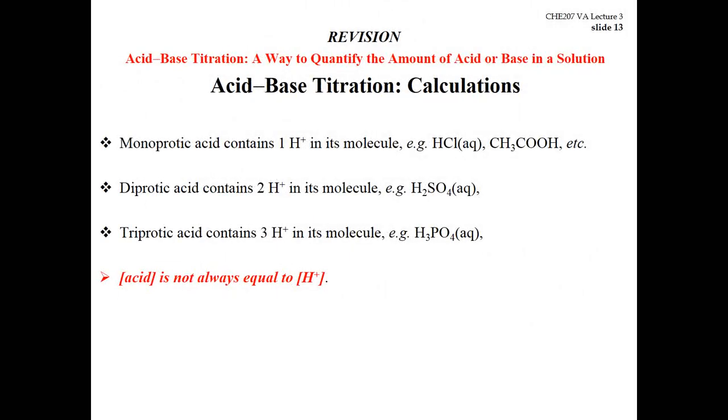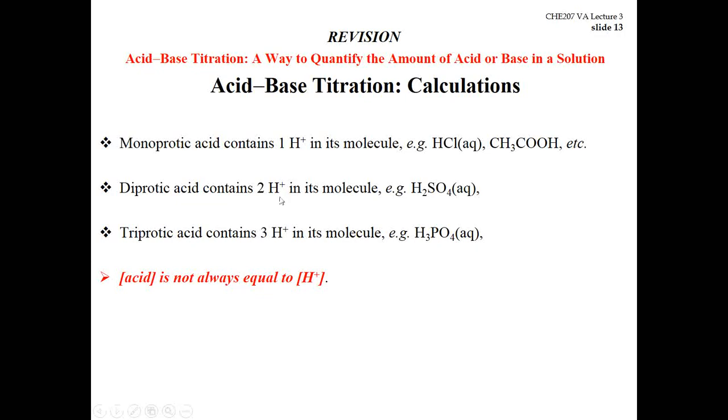I'd like to go back to the concept that I stressed before, the relationship between acid and H+. As we said, the concentration of acid is not always equal to the concentration of H+. For monoprotic acid, 1 mole acid, 1 mole H+, then it's equal here. But for diprotic acid, 1 mole acid, 2 mole H+.